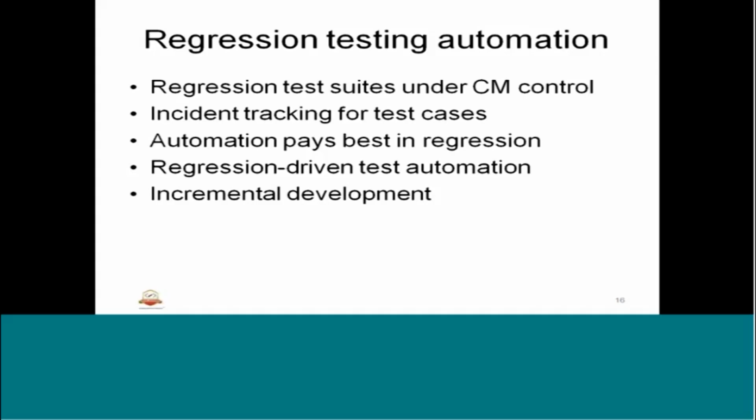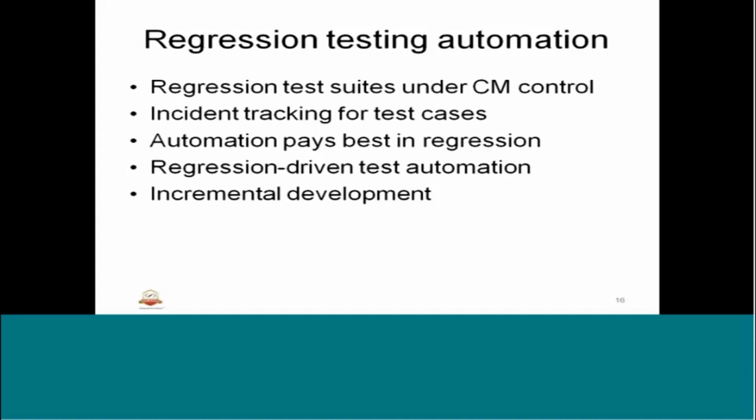We will study what configuration management and test management are in the next session. Incident tracking of test cases, where different incidents are going to happen while developing the test cases in terms of test approach, test strategy, bug fixes. All these have to be tracked. Automation pays best in regression.